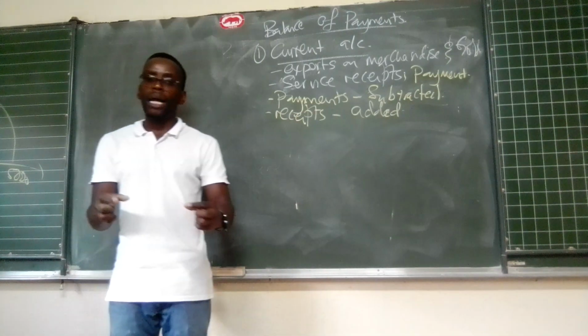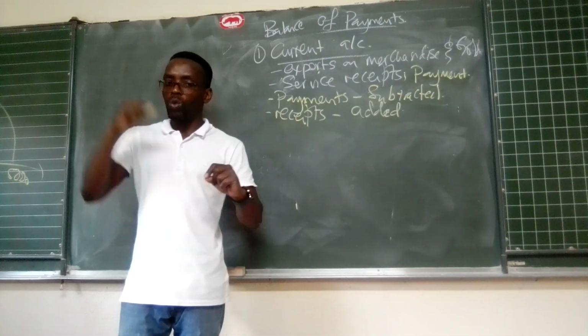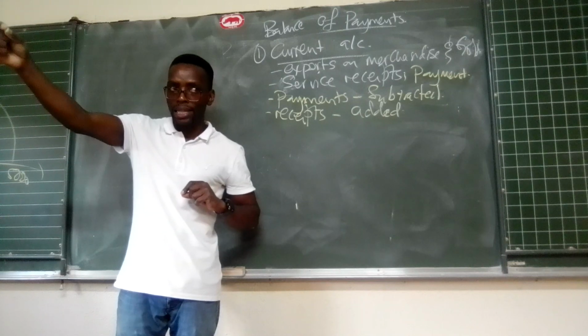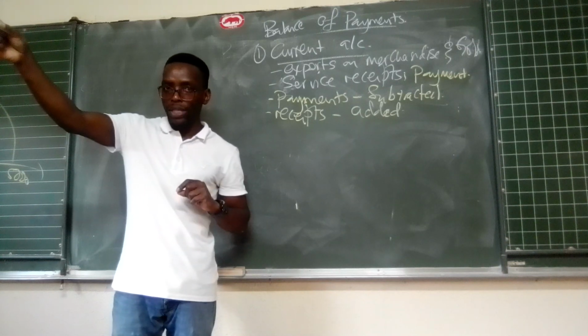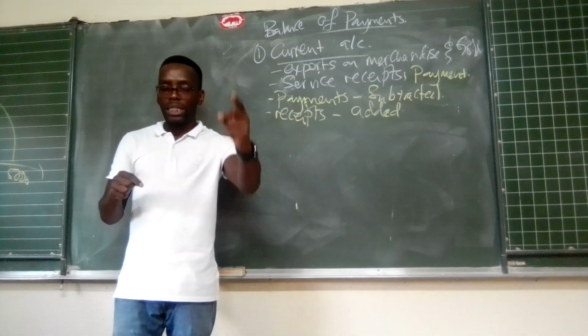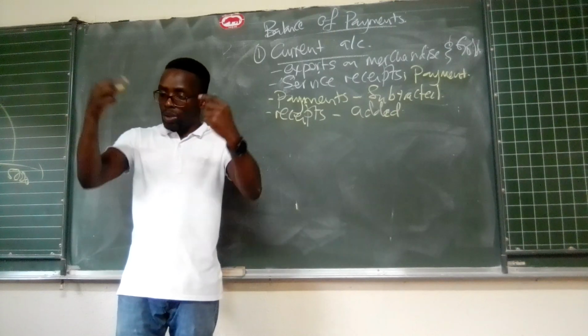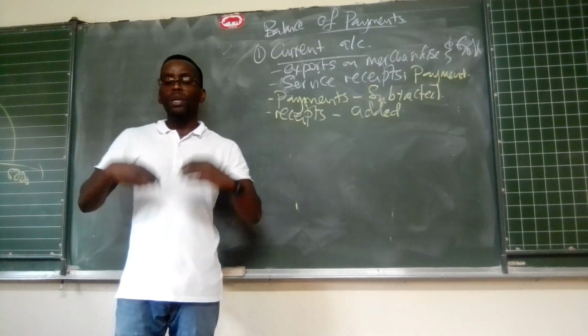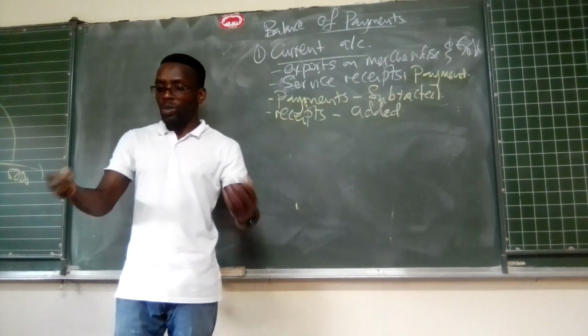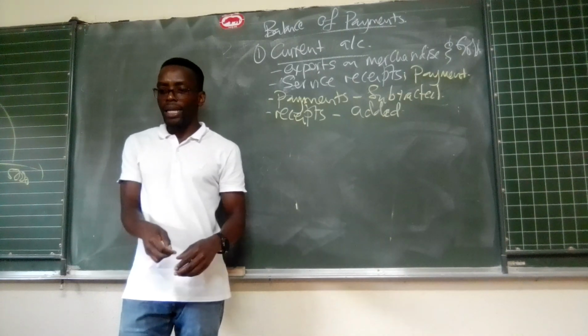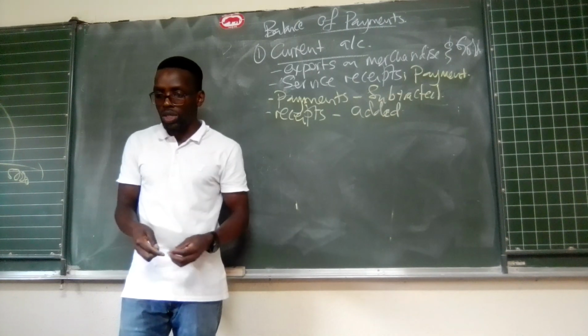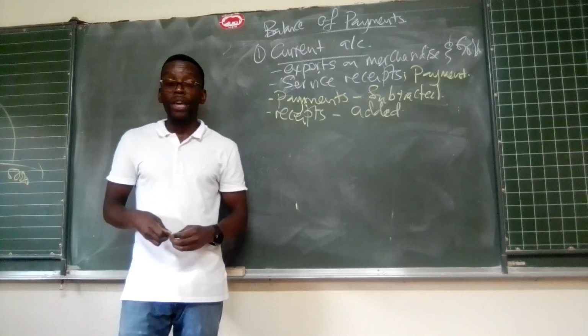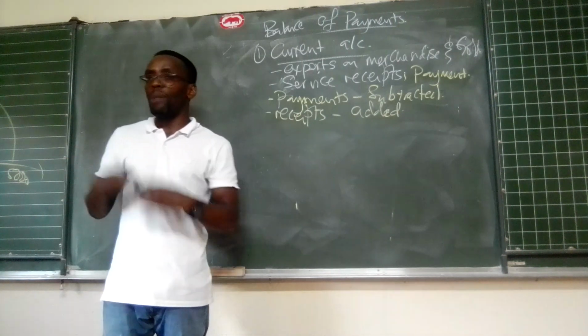Which would mean that if a South African has an investment outside the country, the income that they are going to earn there, either a dividend or a profit, is still a service receipt. If it is a non-citizen who is working in the country, and they have received some income that they have earned, then it's also going to be a payment.